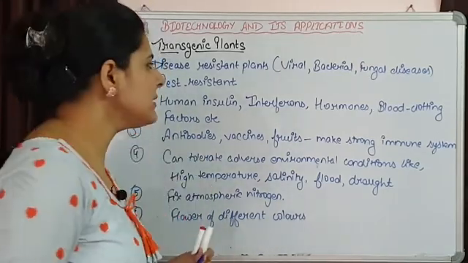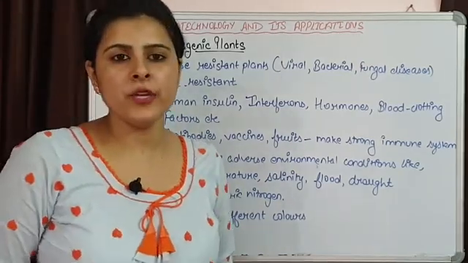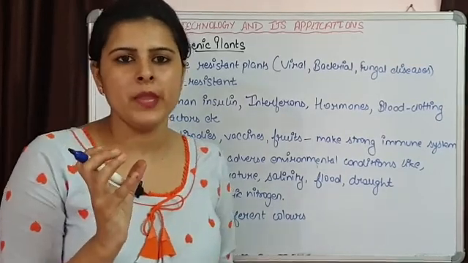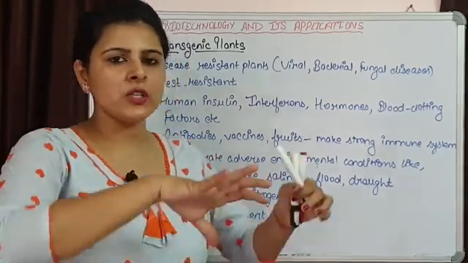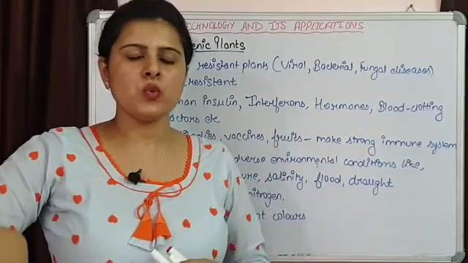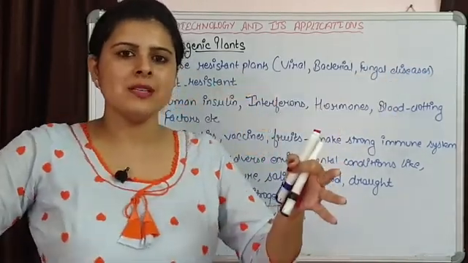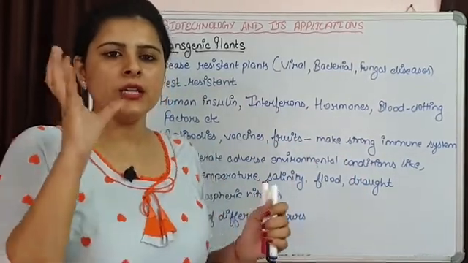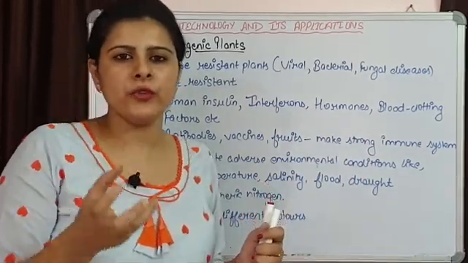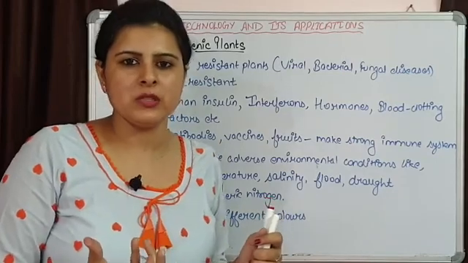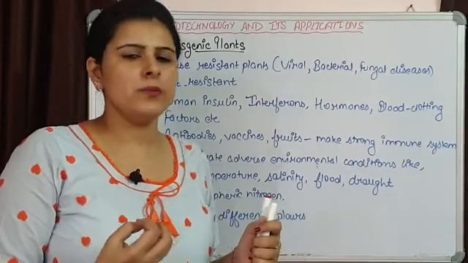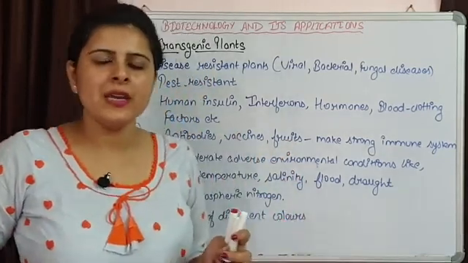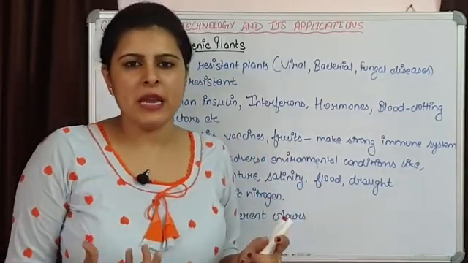Or another thing can be, in some of the plants, ripening is a major problem, because when we transport the fruits from one place to another over a long distance, because of ripening there is a short lifespan of the fruit or vegetables. They become more ripened during transport, and they are going to be damaged.